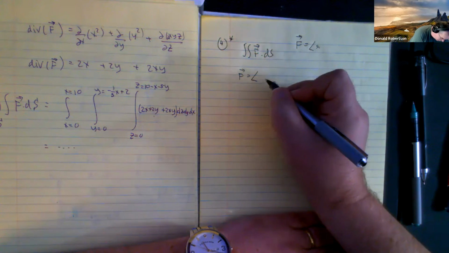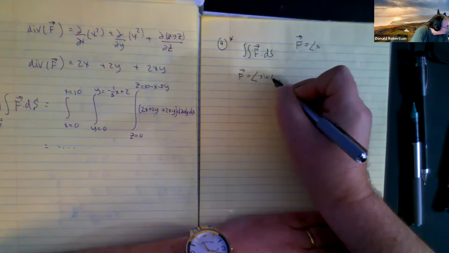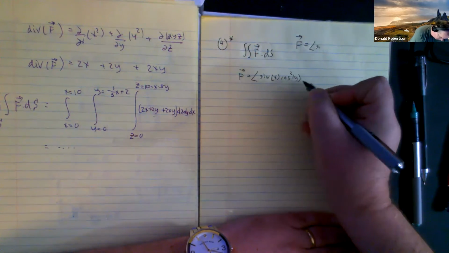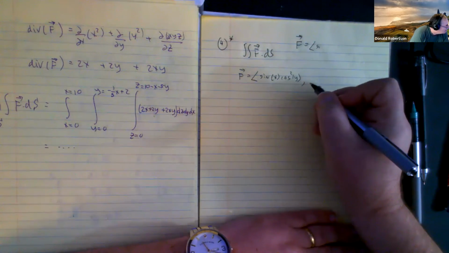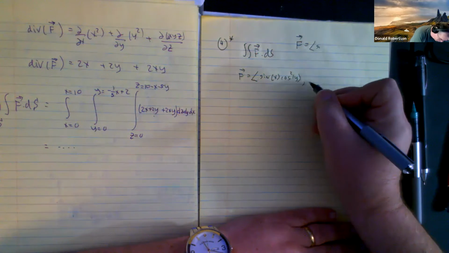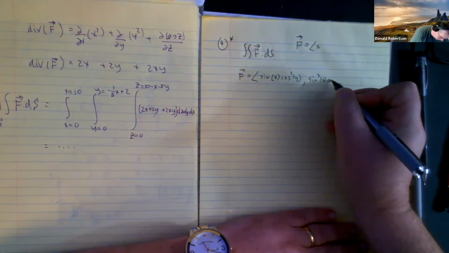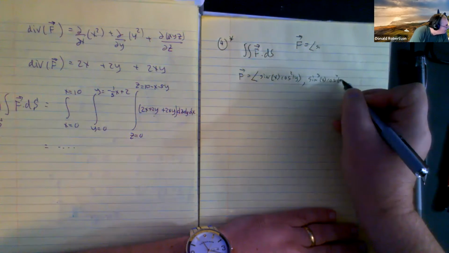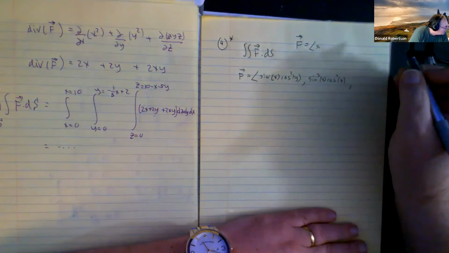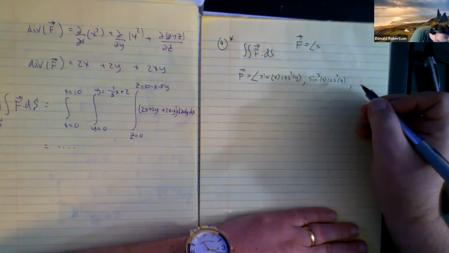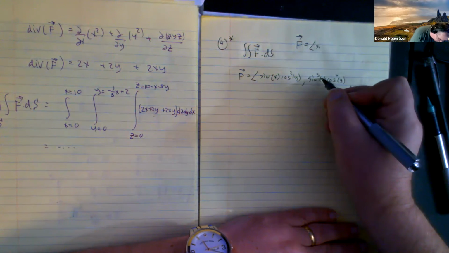The vector function is sine x cos squared y. The middle one is sine cubed y cosine 4z. And the z component is sine to the 5th z. Oh, I should pay more attention.